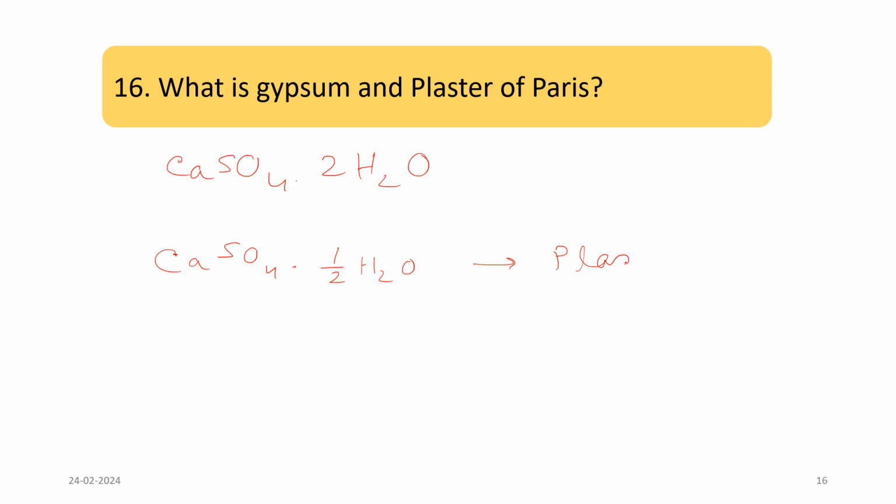It has a regular name, plaster of Paris. Though it also comes inside the gypsum group, for this particular hemihydrate compound, it has the name plaster of Paris. So this is the gypsum and this is the plaster of Paris. Clear?